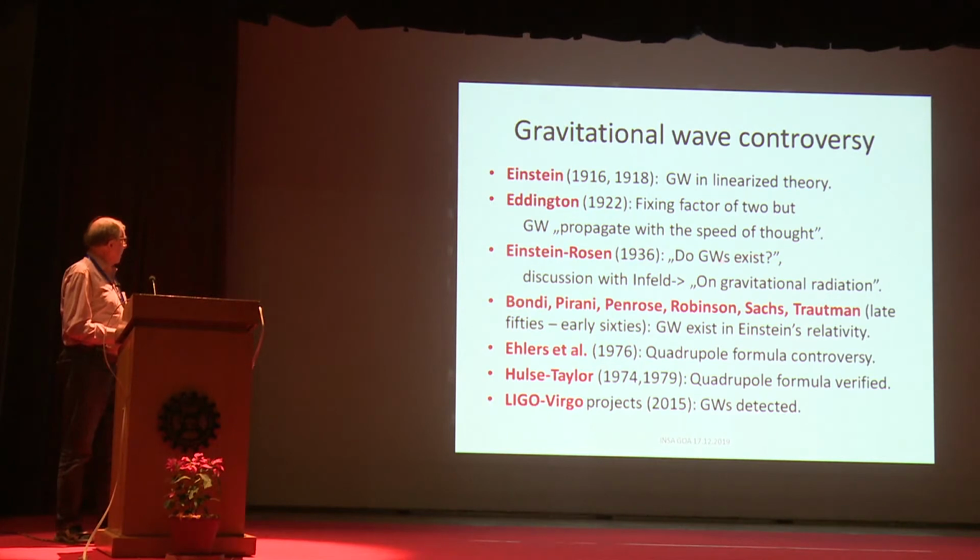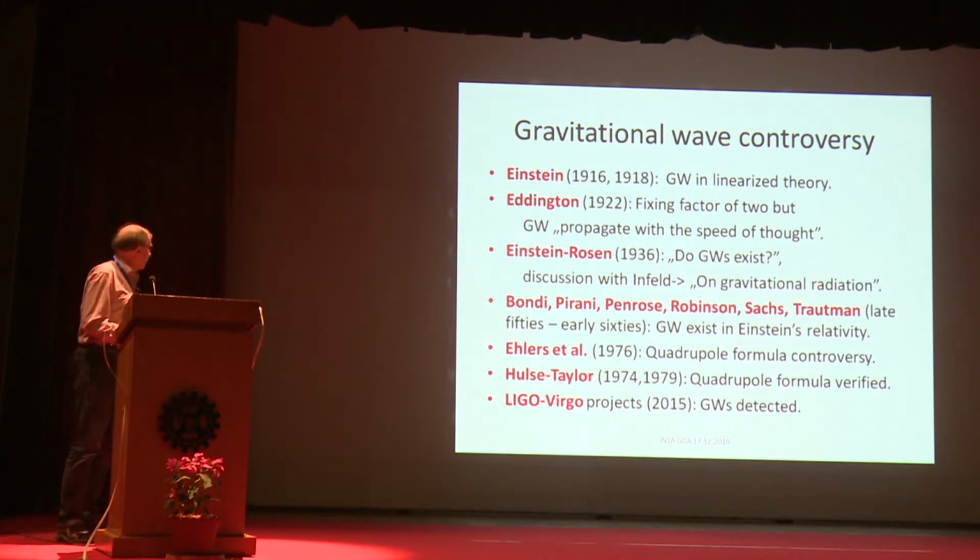But then this paper was criticized by a referee, and there were some discussions, and eventually his assistant, Leopold Infeld, later a founder of the Polish School of Theoretical Physics, discussed this with Einstein and convinced him that there was some error in his argument, and Einstein later, with Rosen, wrote the paper on gravitational radiation.